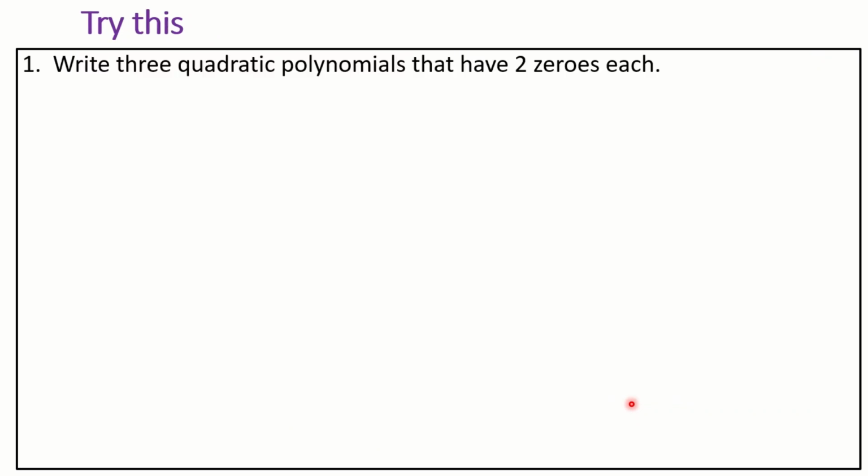Okay, let's try this. Write three quadratic polynomials that have two zeros each. Very simple. You want two zeros, right? So obviously you take x minus 3 into x minus 2. If I equate this to 0, basically the zeros are 3 and 2, correct? x minus 3 equal to 0 means x equal to 3, and x minus 2 equal to 0 means x equal to 2.